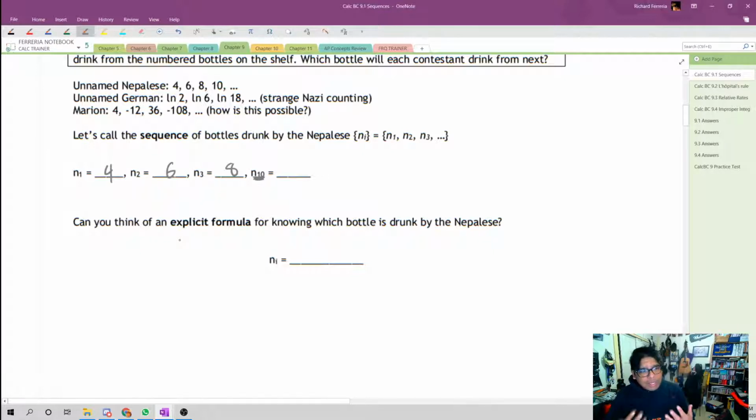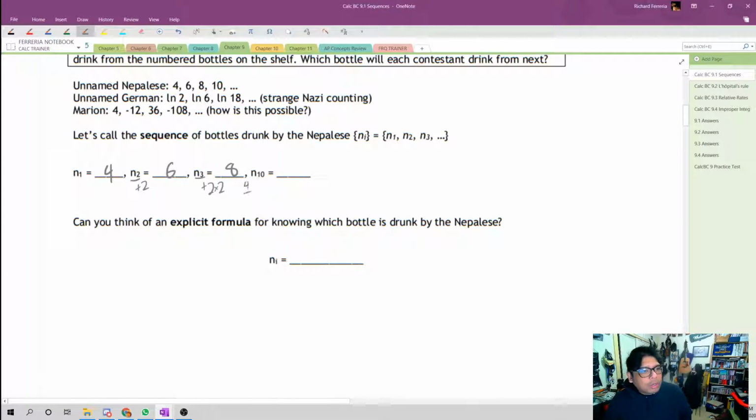So you can keep on counting, or you can try to find a pattern here. And it looks like we're adding 2 every time we go down the line. So N2, we add plus 2. N3, we add plus 2 times 2.